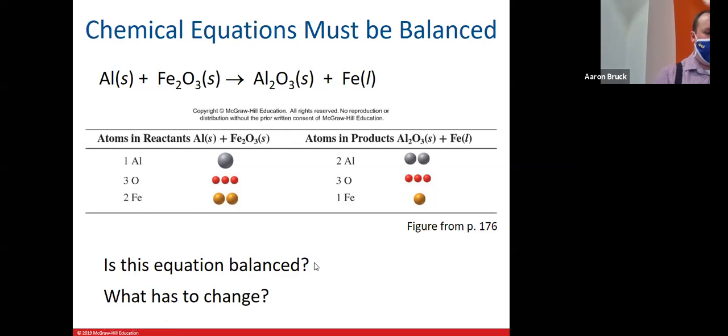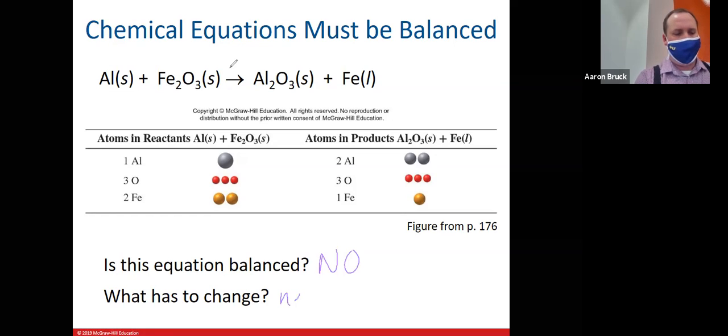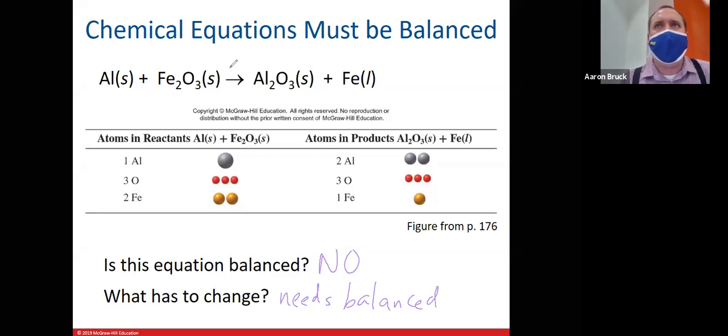So we've answered these questions already. Is the equation balanced? Obviously not. We have different amounts of different elements on both sides of the equation. What has to change? We've got to balance it. How do we balance it? Good question.